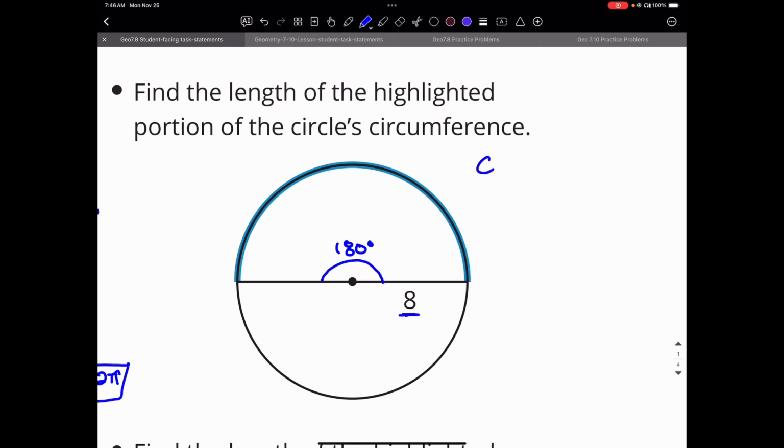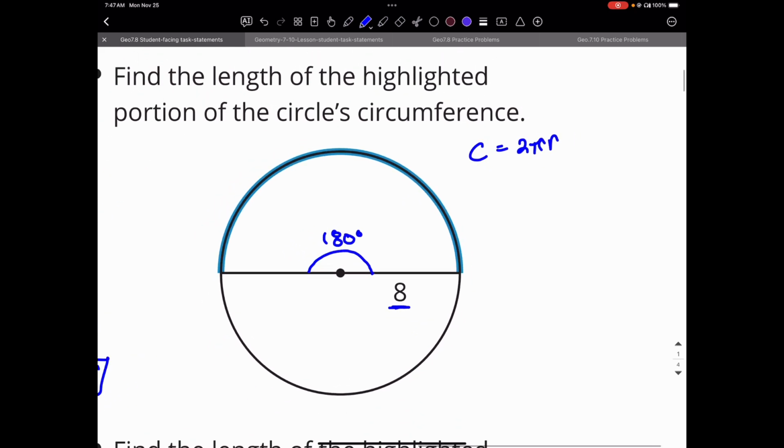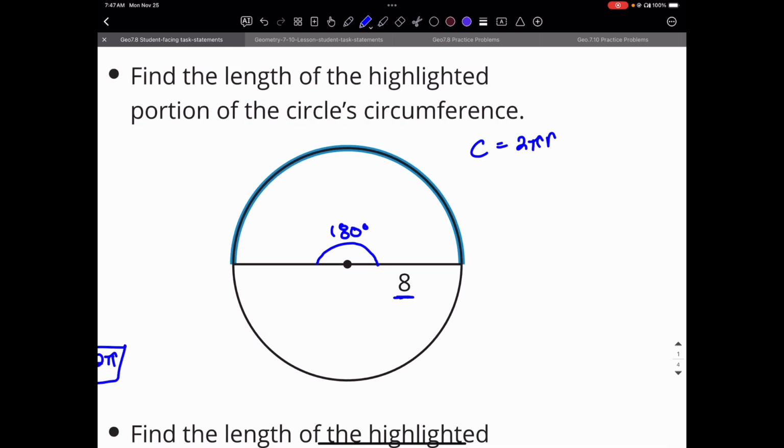So the circumference, if you recall, is going to be 2 pi r. 2 times pi times the radius. So the radius is 8. So the circumference would be 2 times pi times 8. Of course, 8 times 2 is 16, so 16 pi. But remember, this would be the circumference of the entire circle, right?